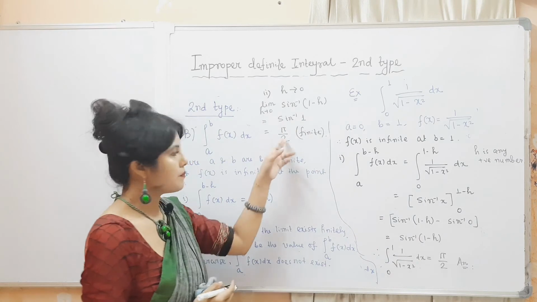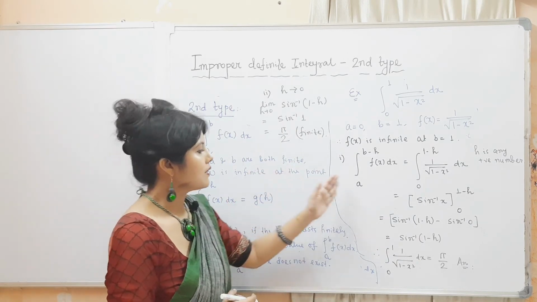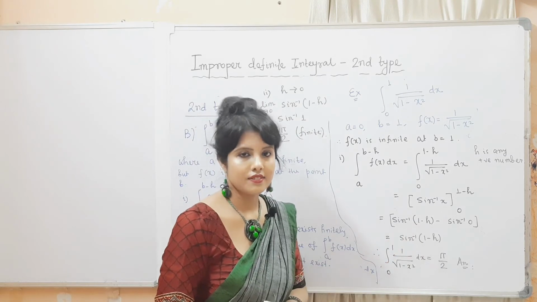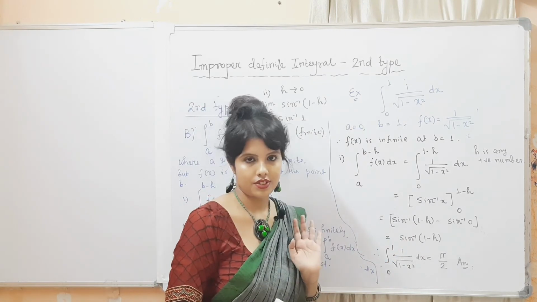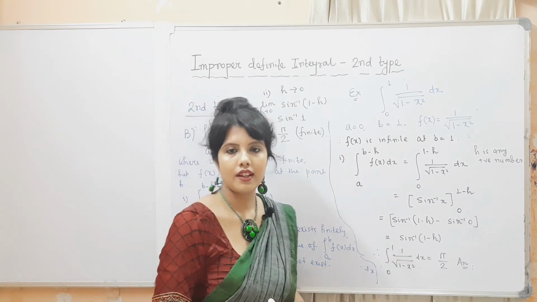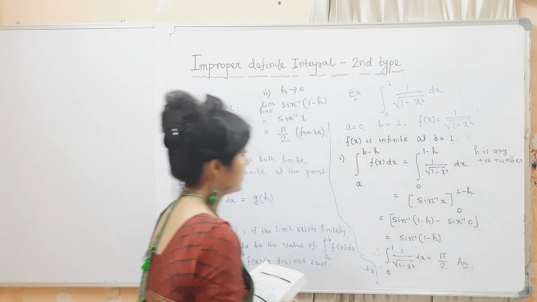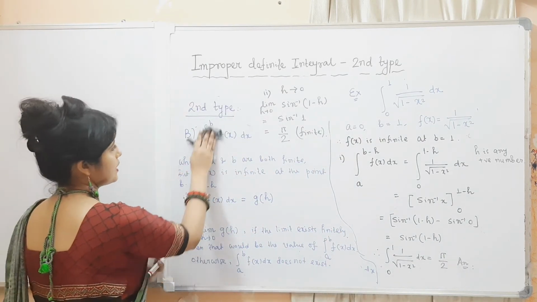And if the limit does not exist, that is if the limit is infinite, then the given integration does not exist. But here we have got a finite value, so that would be the value of the integration. So that is section B.